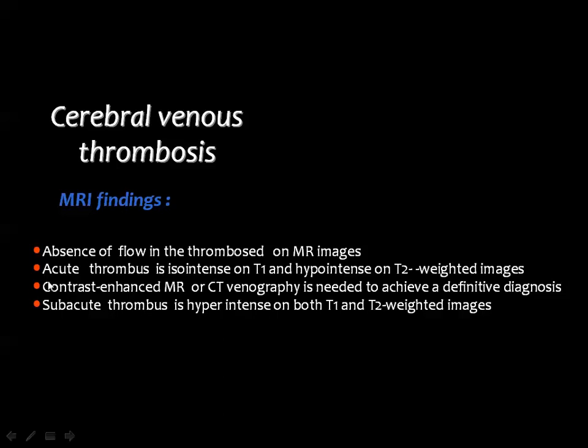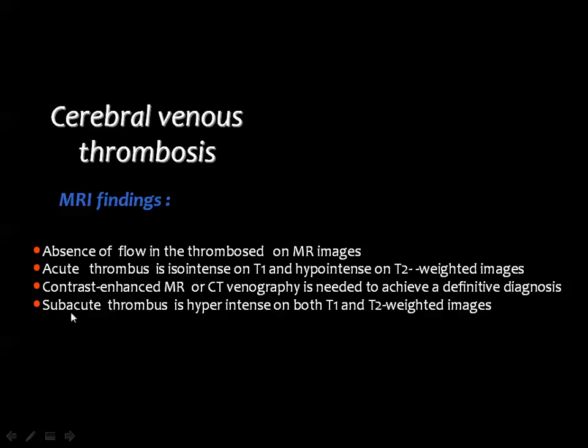It will appear isointense on T1 weighted image and hypointense on T2 weighted image. And if you use contrast enhanced MRI, MR venography or CT venography, then you may reach the definitive diagnosis of sinus thrombosis, especially in the acute phase.